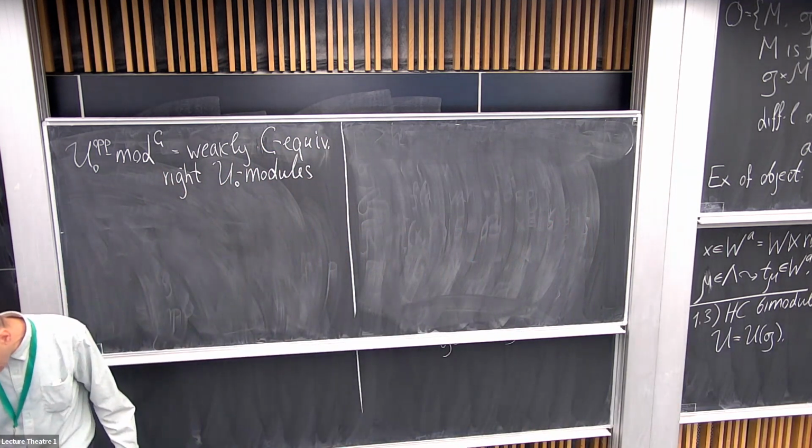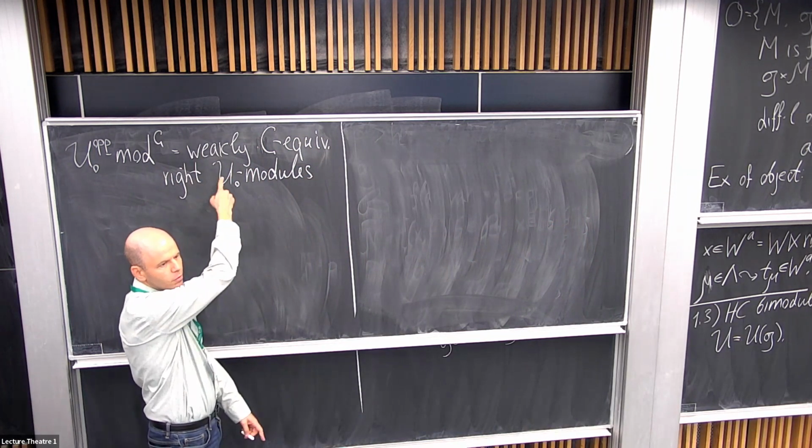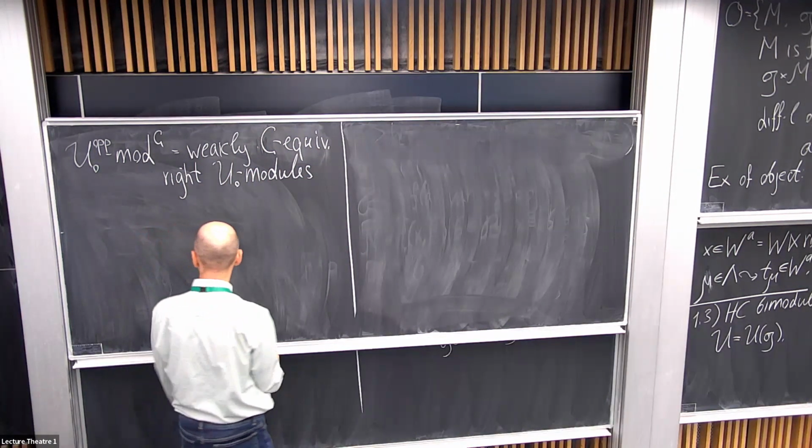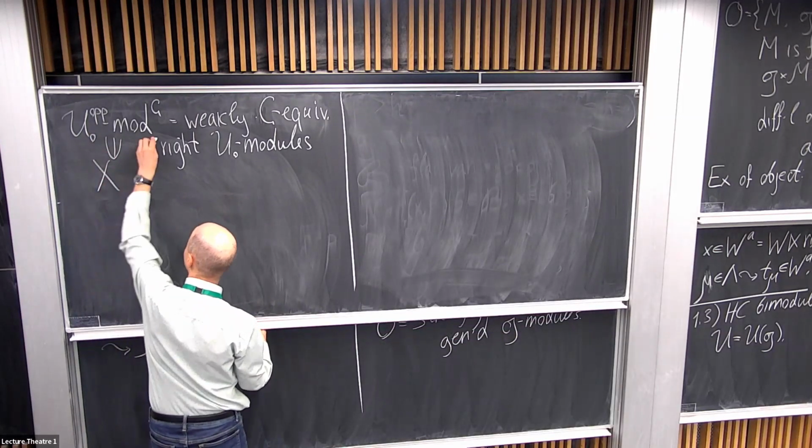So now, an observation is that on such a module, I have a canonical left action of U. How does it come to be? So let me take an object X inside of here.